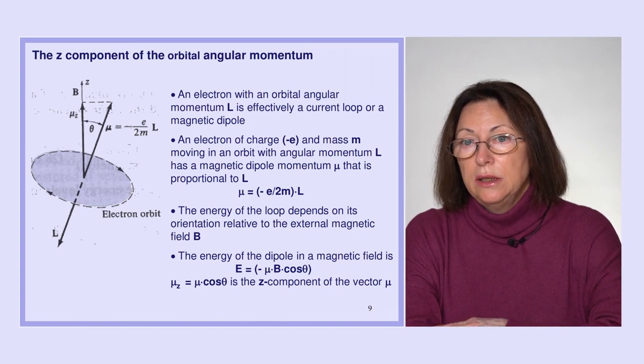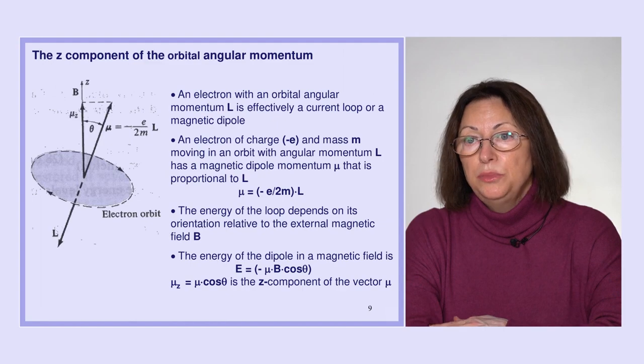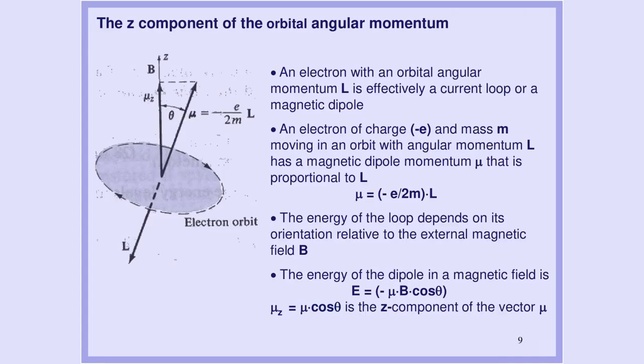So consequently, this may be modeled as a loop carrying electric current. When this orbiting electron is placed in a magnetic field, it would behave itself as a magnetic dipole. It will be oriented by the force of the magnetic field.